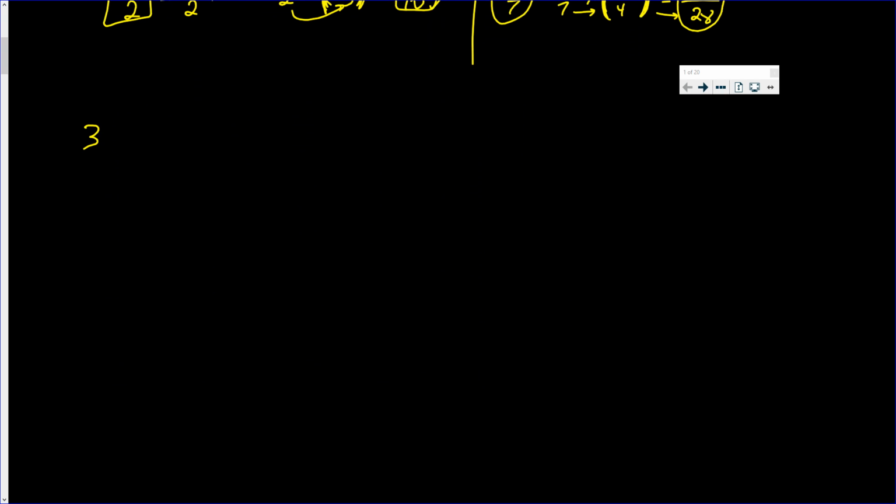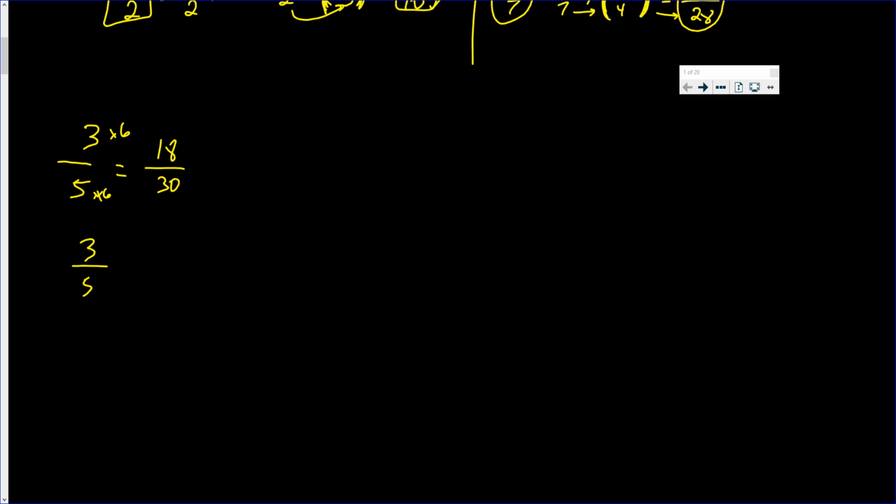Suppose I want to write 3 over 5 with 30 in the bottom. Now you can ask yourself, what do you multiply 5 by to get 30? The answer is 6. Well, you're going to have to multiply the top by 6 as well.